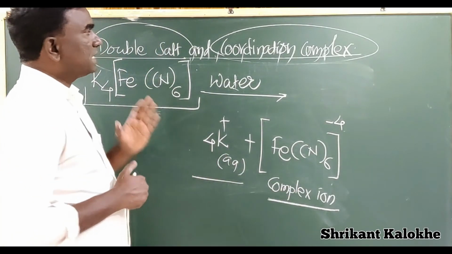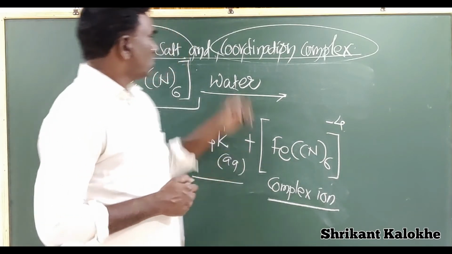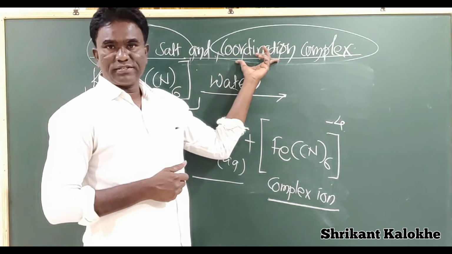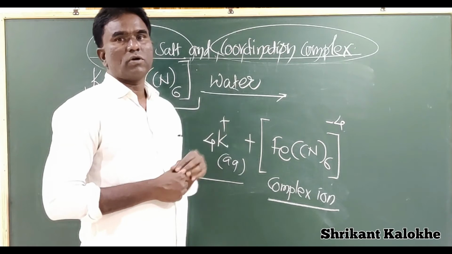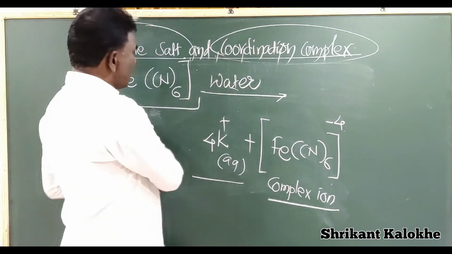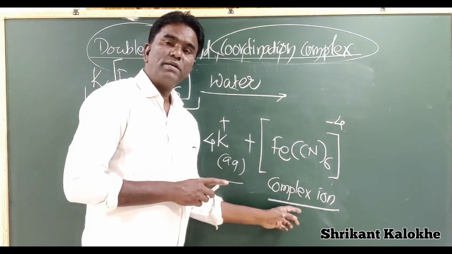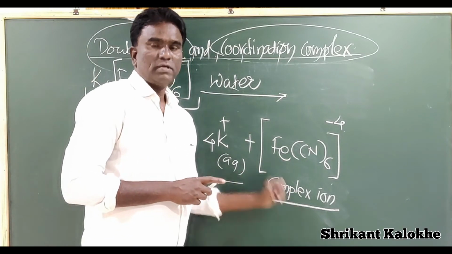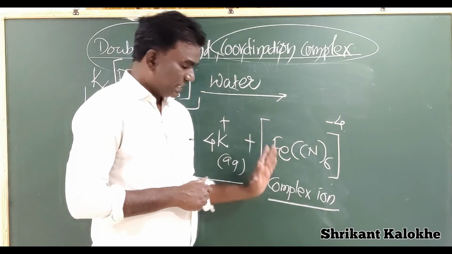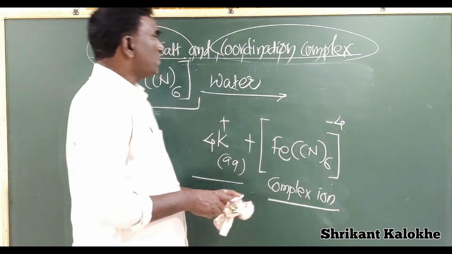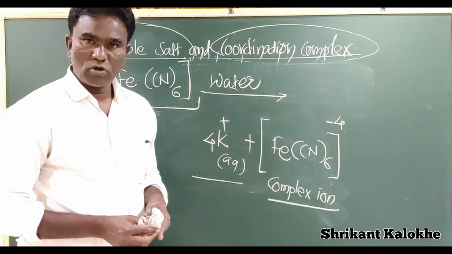Now we will define what a coordination complex means. A coordination complex is a compound that, when it dissociates in water, gives at least one complex ion. In this way we can distinguish a complex ion from a coordination complex.